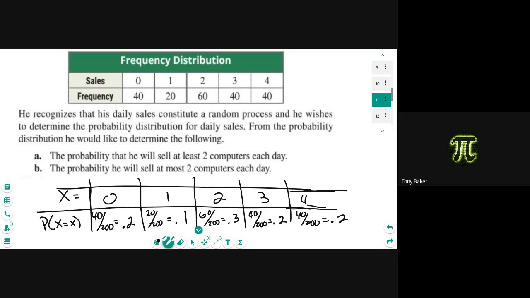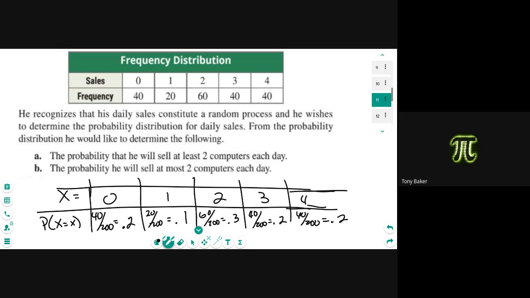What's the probability that he will sell at least 2 computers each day? How do we figure that out? Sure. Nobody else wants to talk. Yeah, I waited. 30% chance.